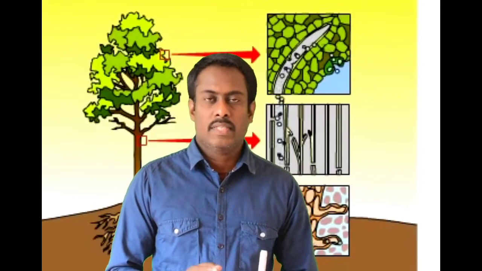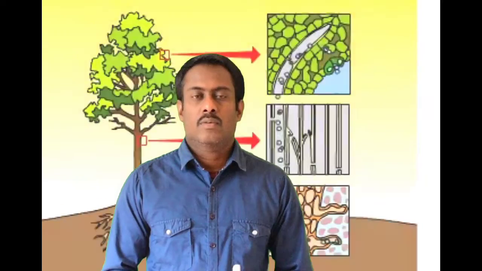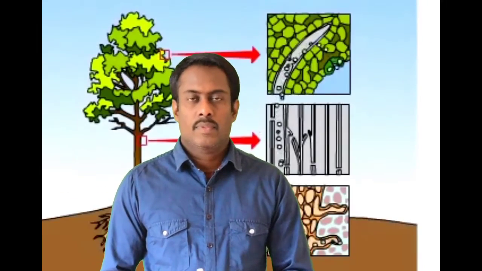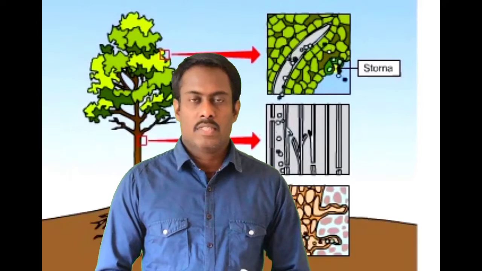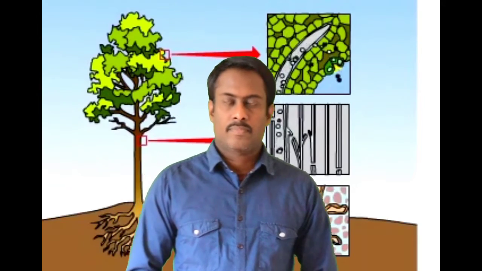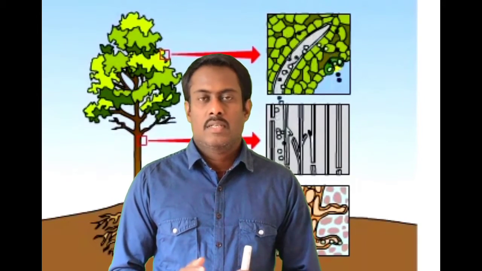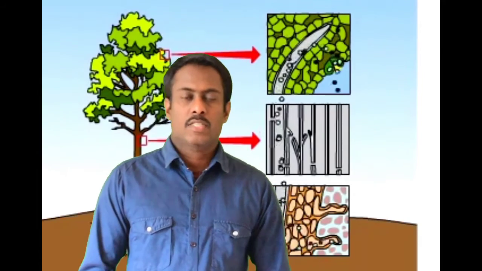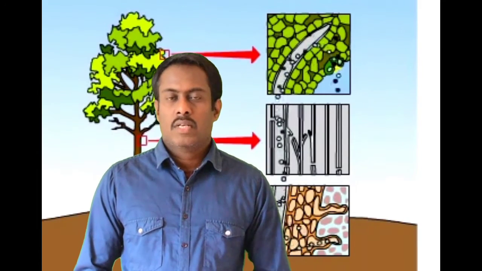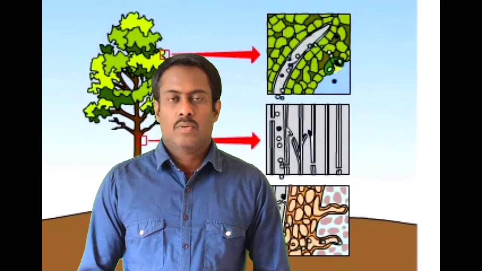So the synthesized food is transported to the location where it can be stored, and this process is known as translocation. Translocation is carried out with the help of sieve tubes. Translocation occurs in the vascular column of tissue called phloem.